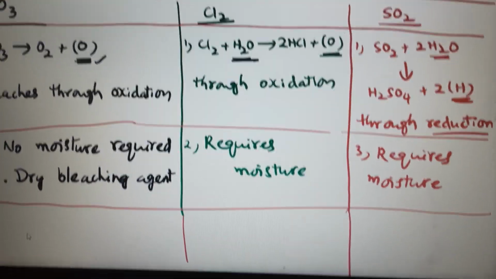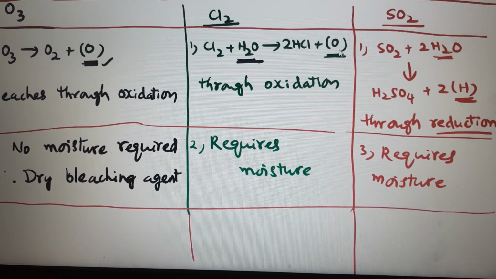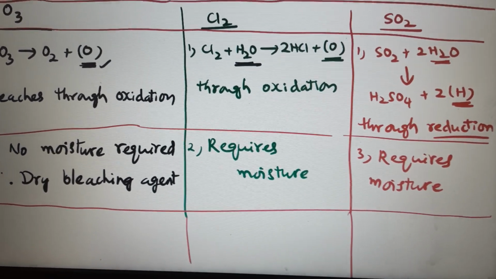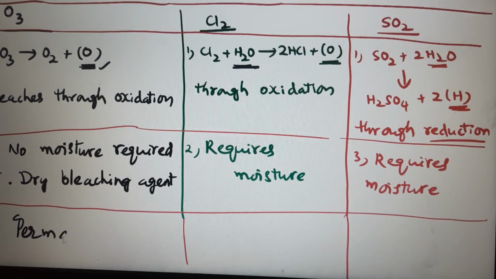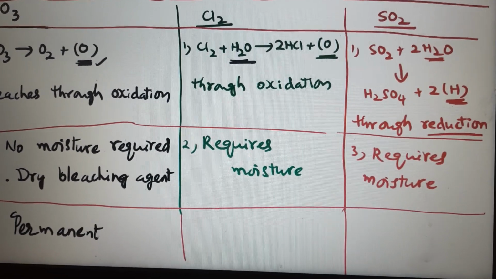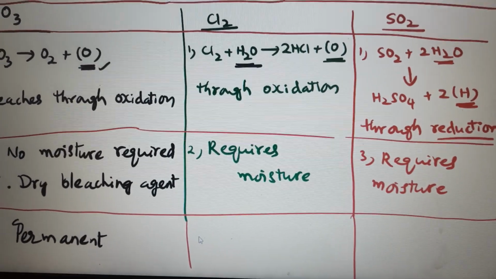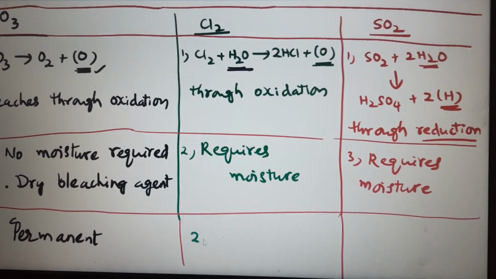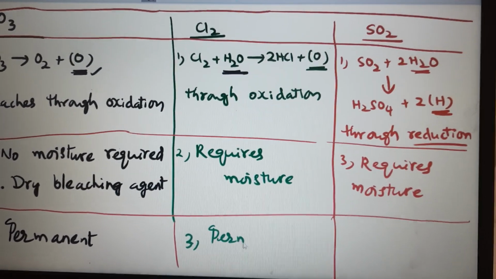Now if they are doing bleaching action through oxidation, the bleaching action is permanent. Here also through oxidation it is doing bleaching, so that bleaching action is permanent here also.